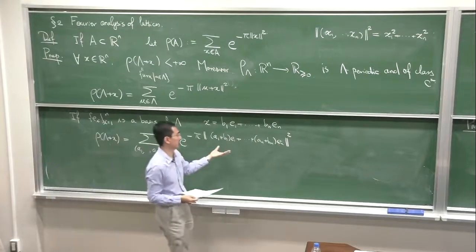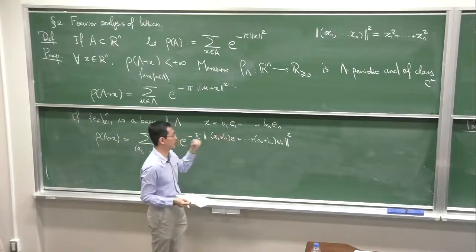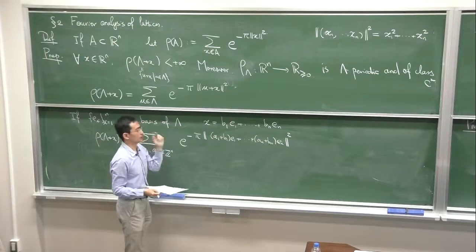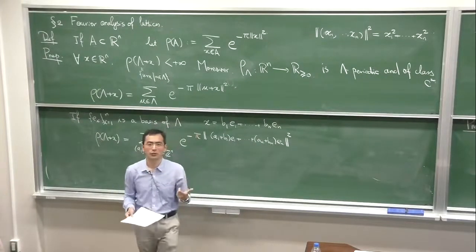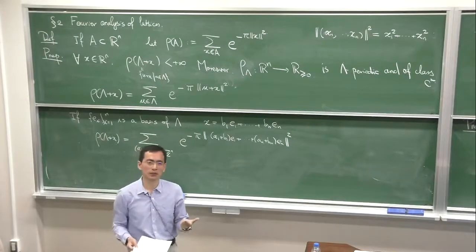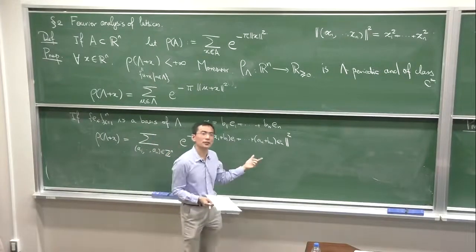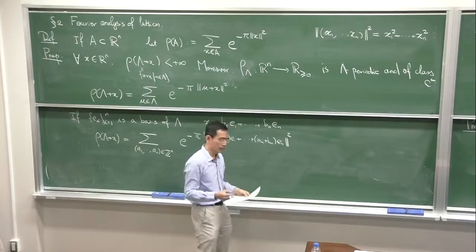Somehow it is a little bit complicated to compute this norm squared, because you don't know if e1 to en are orthogonal or not. If you know they are orthogonal, then it is very easy to compute.